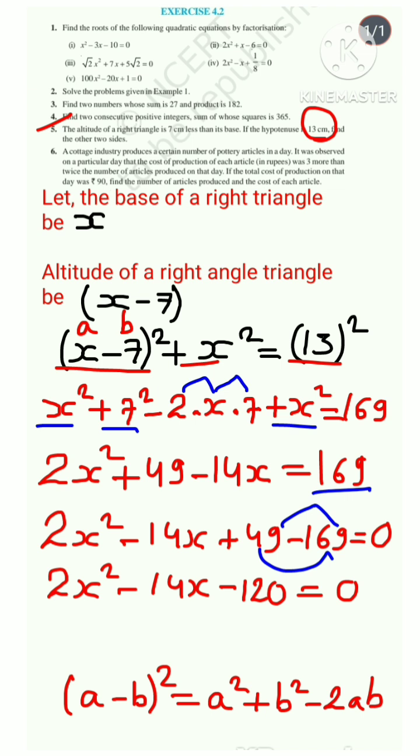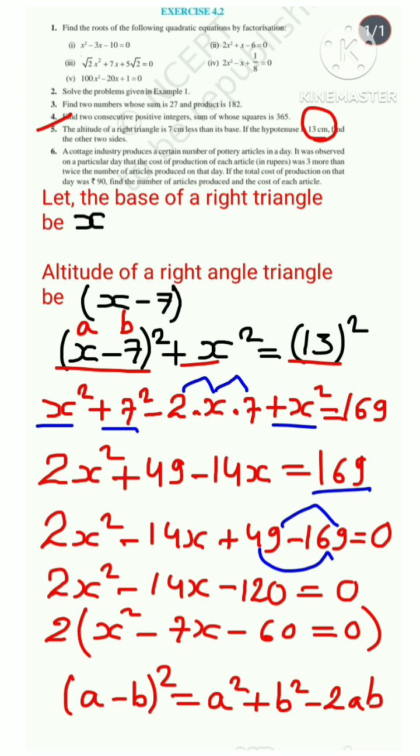Further we can simplify this by taking 2 as a common from here, so 2 is common. Now here remains x square minus 7x, 14 divided by 2, and 120 divided by 2 is 60, equal to 0.